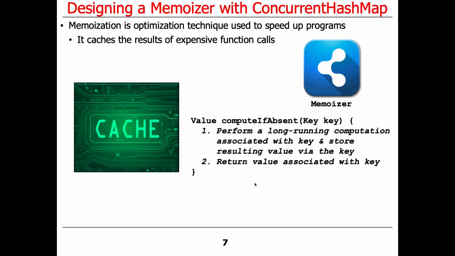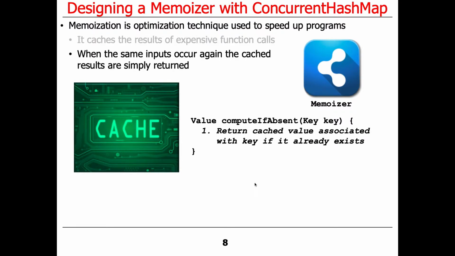So if you think about how compute if absent works, you perform a long-running computation and associate it with a key and store the resulting value via the key, if the key is not already there. And then you return the value associated with the key. And that way, if someone comes along and gives you the same key, rather than reperforming that long-running computation, you just give back the previous results.